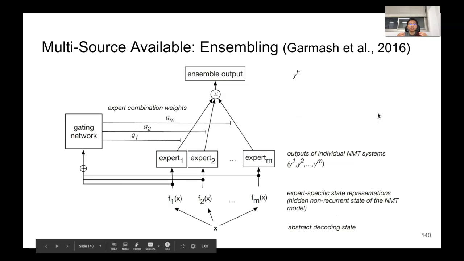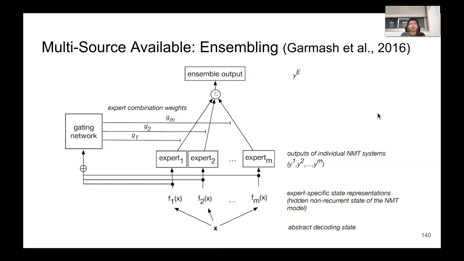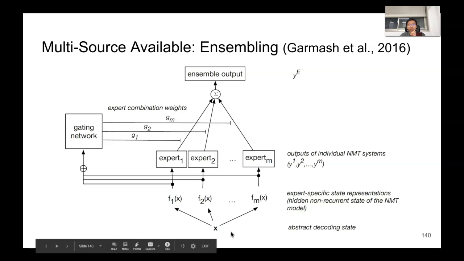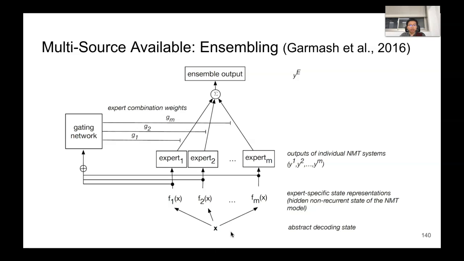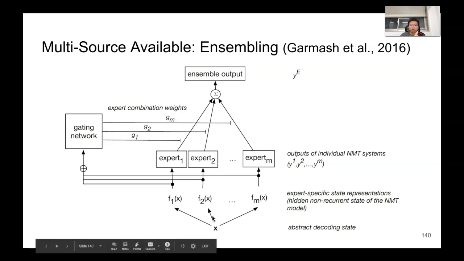The second approach proposed for the multi-source available case is ensembling. Here we have a decoding state, and because we have multiple sources, it can be translated into different states.